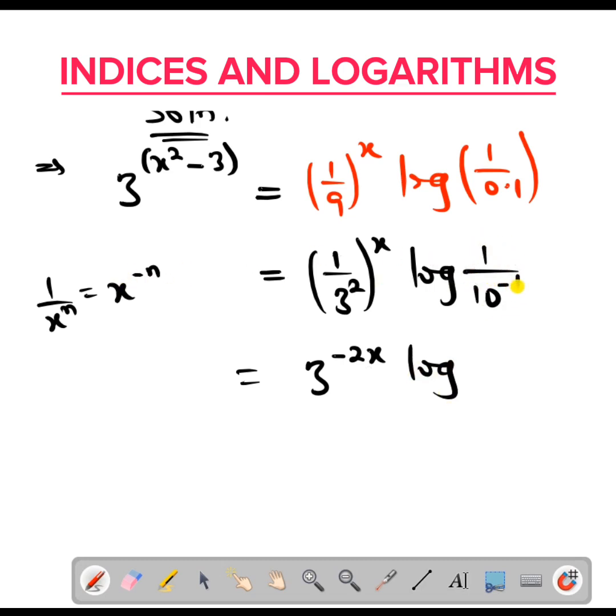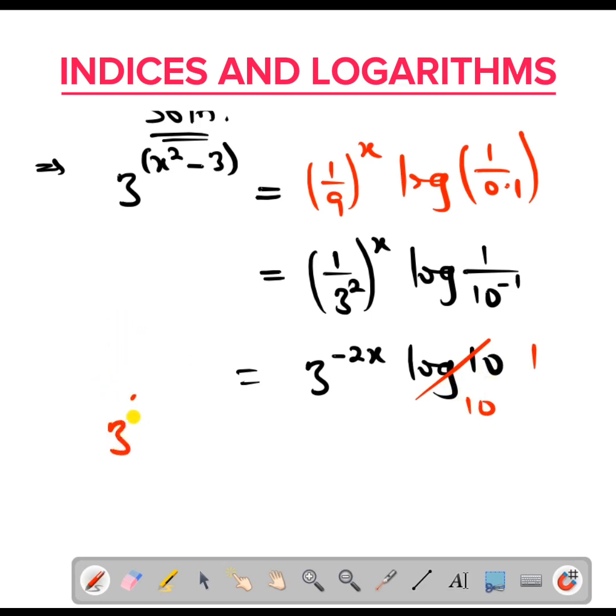This power will now change to negative, and the negative of negative 1 is 1, so you just have log 10. Okay, what's next? You will discover that this is equal to 1, because this is a common logarithm. Whenever the base of a log is not given, just know that it is base 10, and we know that the log of a number to the same base is 1.